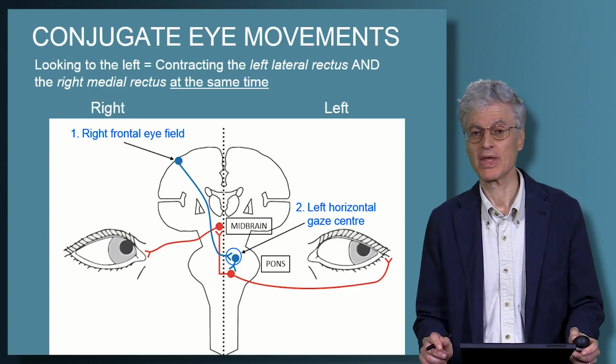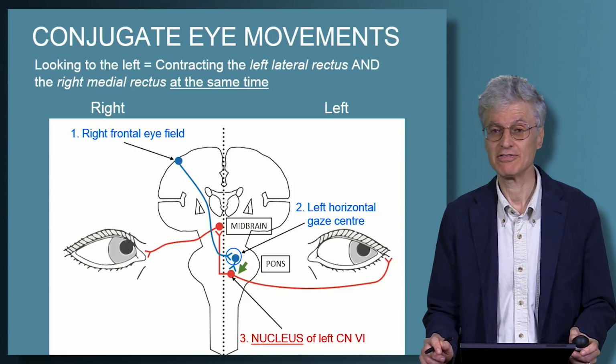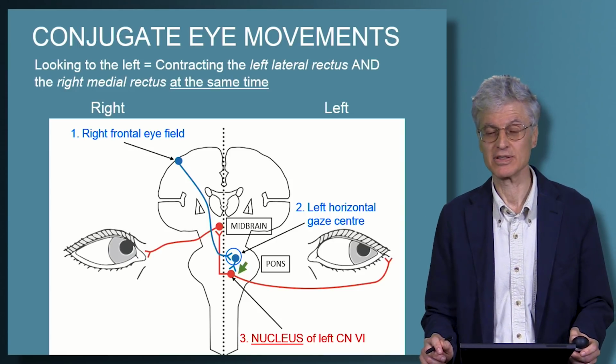And that talks to the left sixth cranial nerve nucleus that has two parts: a motor neuron, which controls the left sixth cranial nerve and left lateral rectus muscle to abduct the left eye.